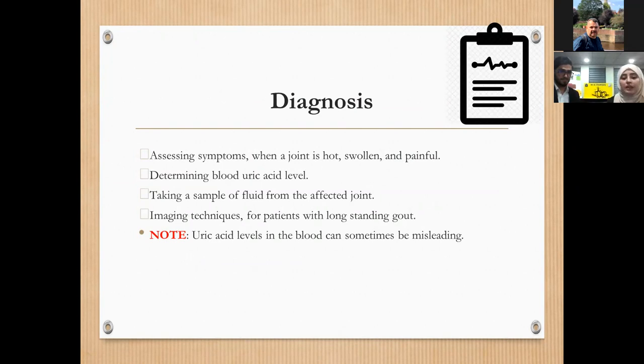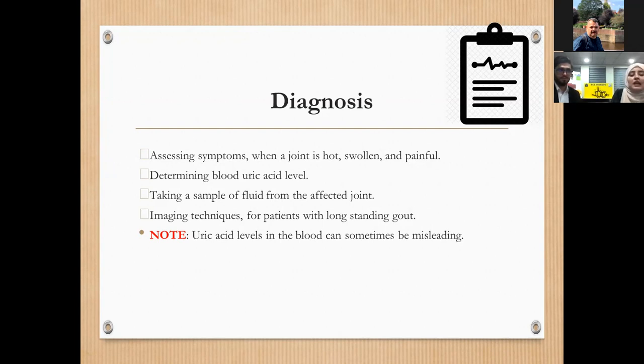In the laboratory, we will determine the blood uric acid level, which may be above the normal range. Then we can use another test, taking a sample of fluid from the affected joint. It is very important to ensure that there is a high level of uric acid in the joint that has pain and inflammation. Imaging techniques are used for patients with long-standing gout.